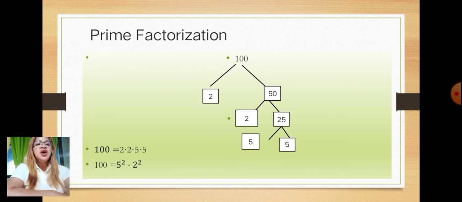We take 2 as our basic divisor. 100 divided by 2 is equal to 50. 50 divided by 2 will give us the quotient of 25. Then the factors of 25 are 5 and 5. So the factorization of 100 is equal to 2 times 2 times 5 times 5, or can be written as 100 is equal to the square of 2 and the square of 5.